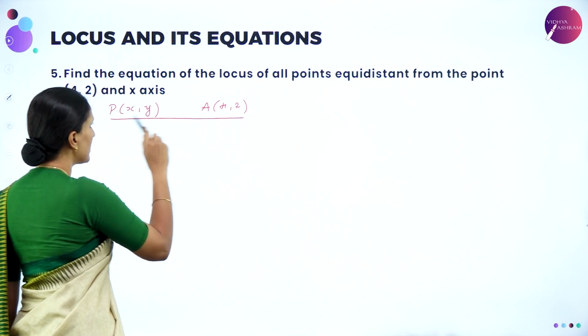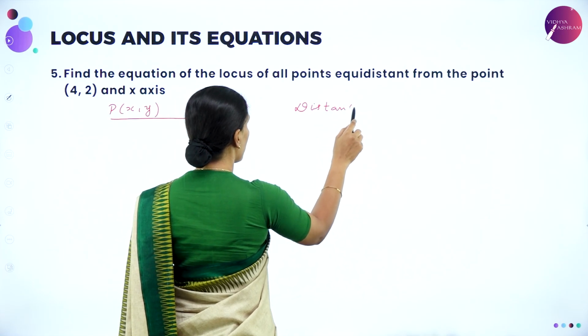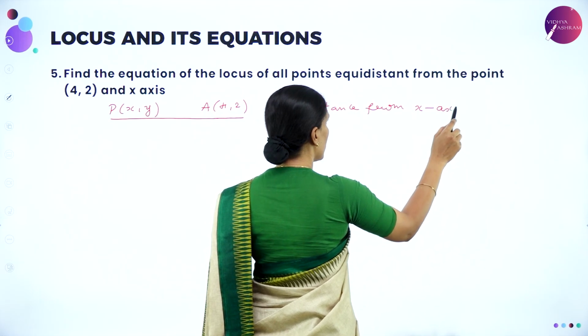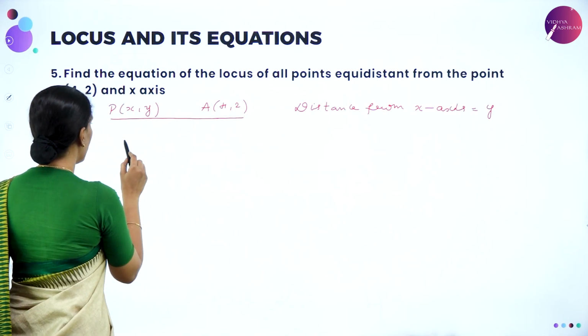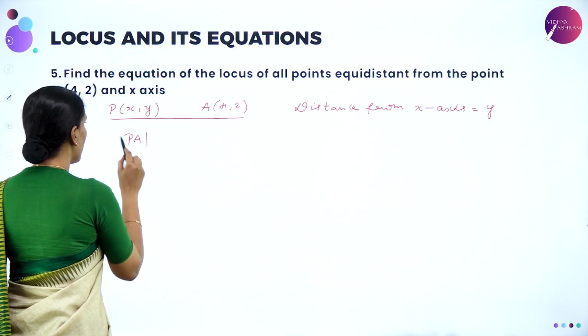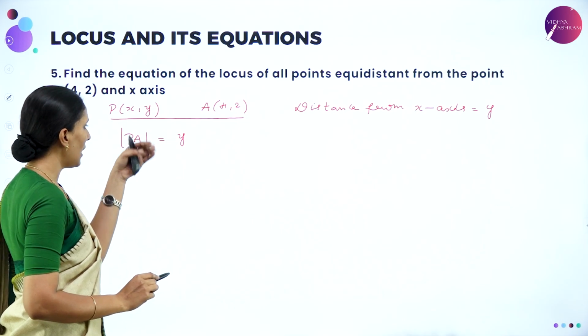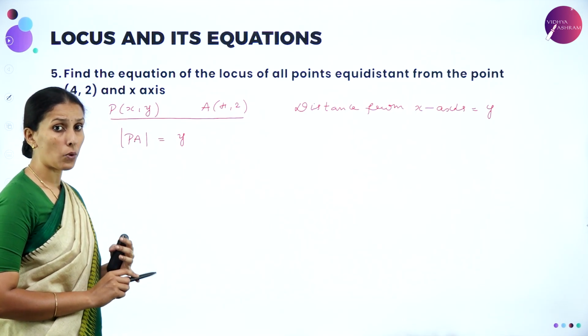We know that the distance from the x-axis is nothing but y. So they have given PA is equal to y. Now before applying the distance formula, let us take square on both sides so that we can write the distance formula without the square root.